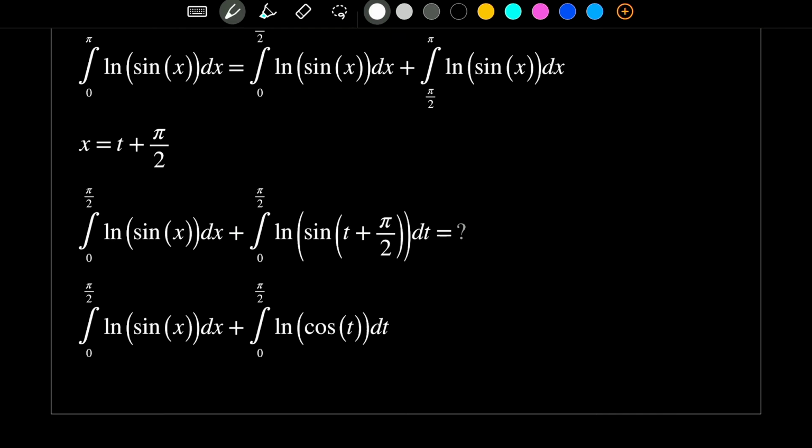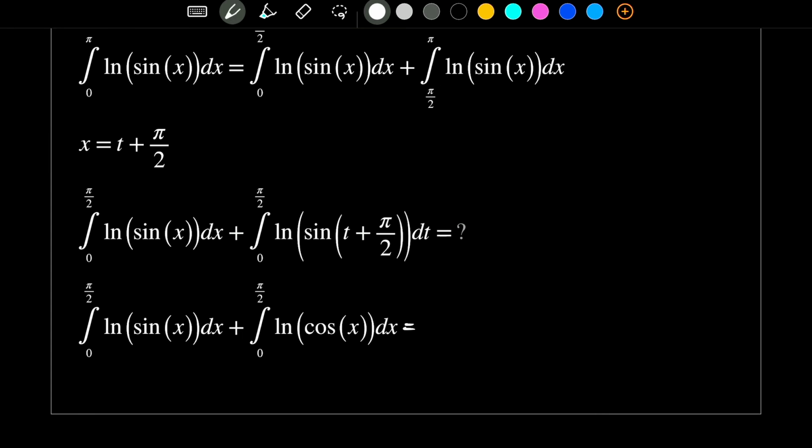Now the next substitution that we're going to do is completely trivial. We're just going to change the variable, so t is going to become x again. This doesn't actually change anything about the integral. We just do this to make it easier to combine these two integrals. How are we going to do that? First of all, the bounds are the same, so you can just add these functions together.